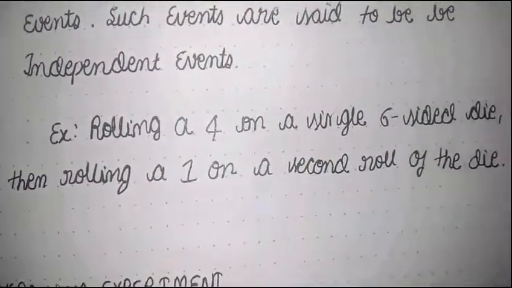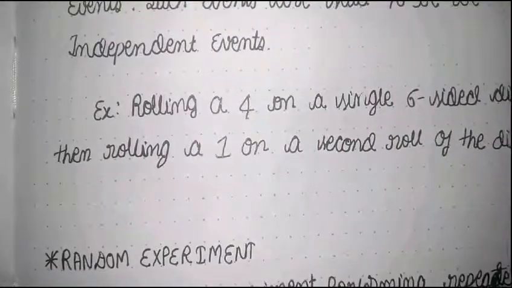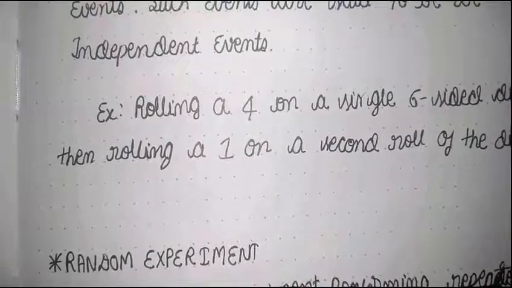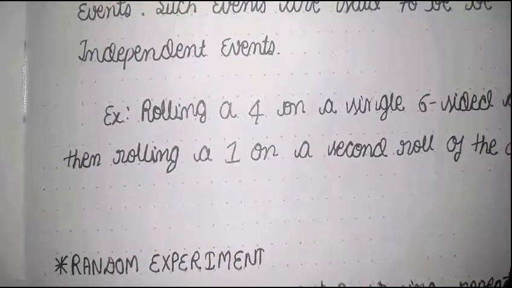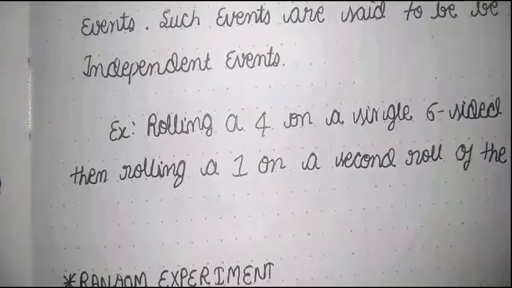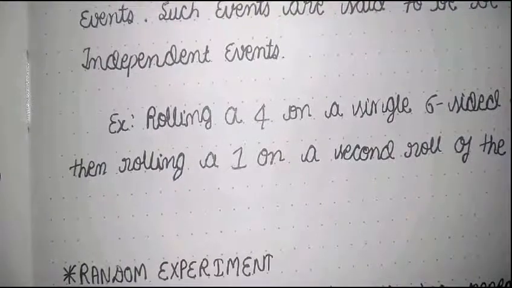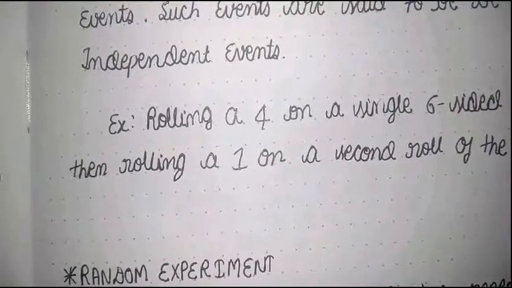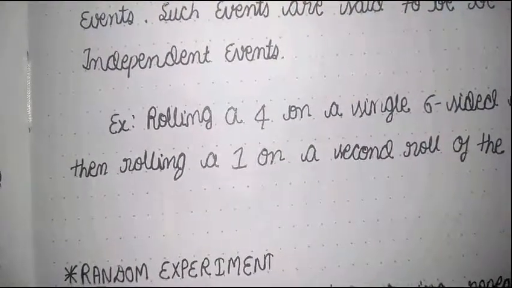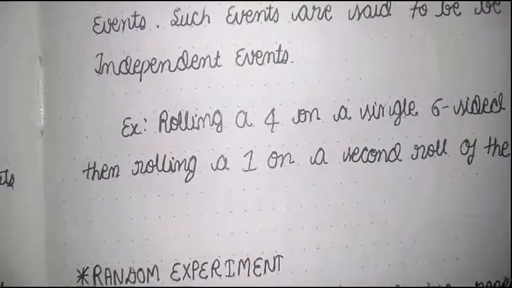Rolling a 4 the first time does not affect the outcome of the second roll. That means the outcome of one possible event is not affecting the outcome of other possible events.